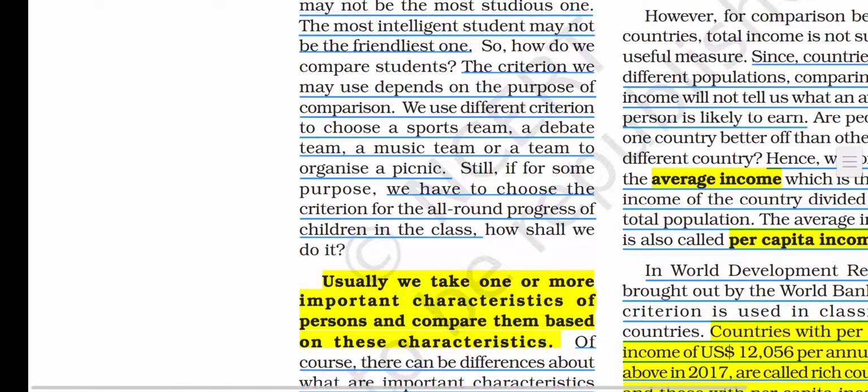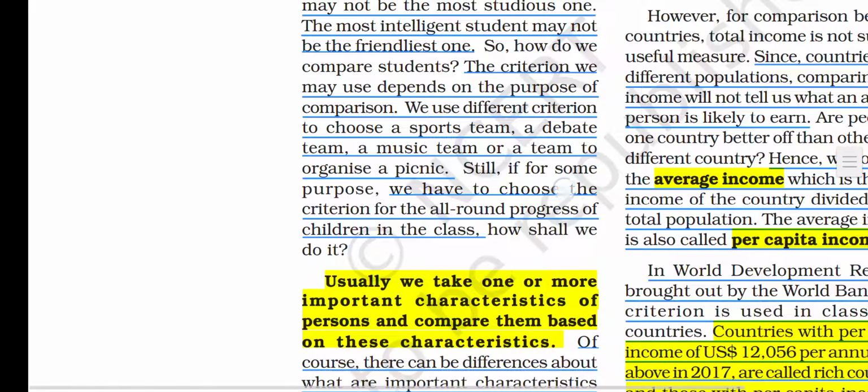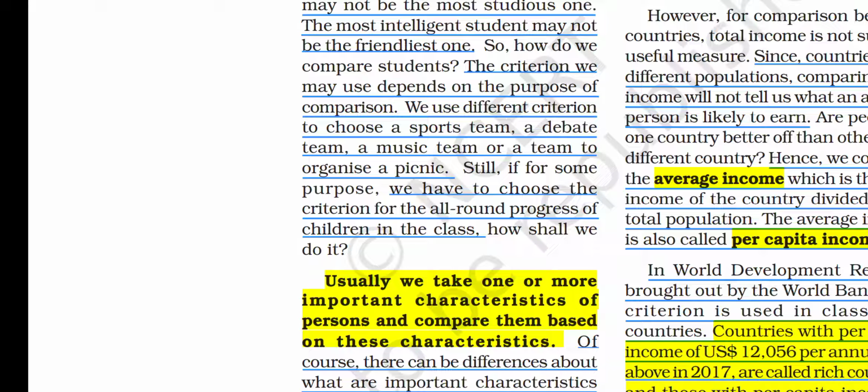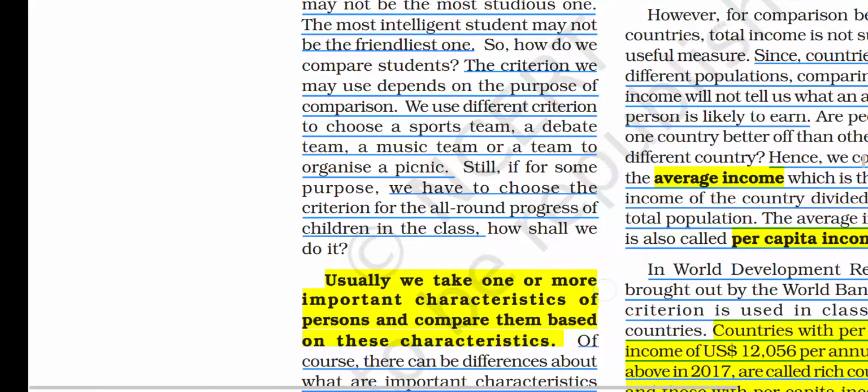Still, if for some purpose we have to choose the criterion for all-round progress of the children in the class, how shall we do it? For individual activities, the criteria will be different. But when we are supposed to compare the students on overall development, on what basis are we going to do so? Usually we take one or more important characteristics of persons and compare them based on these characteristics.